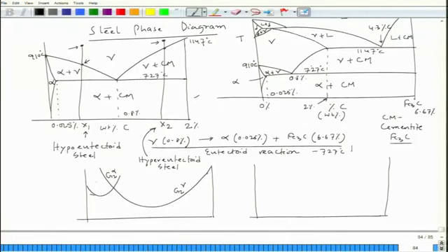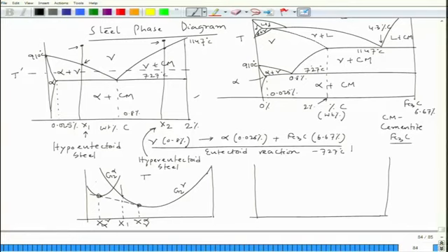Now for the equilibrium phases, let us take a temperature T. This is x gamma, gamma in equilibrium with alpha, this is x alpha in equilibrium with gamma, and the composition we have taken is this one, x1.